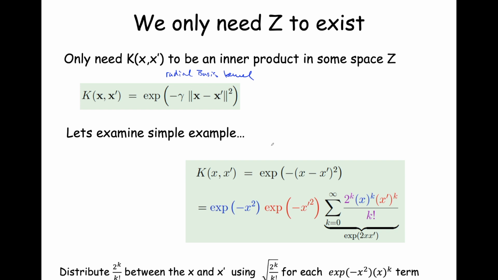So if we evaluate this kernel, our radial basis kernel on x and x prime, well, it's just e to the minus gamma times the magnitude squared. And let's assume that this gamma is equal to 1, just for the simple example. We get this expression, right? We get e to the minus quantity, x minus x prime quantity squared.